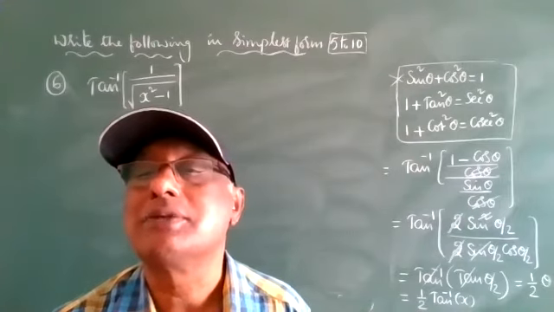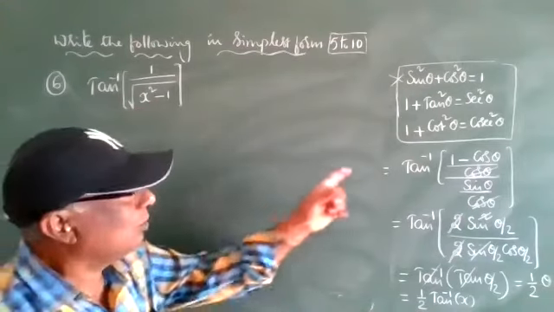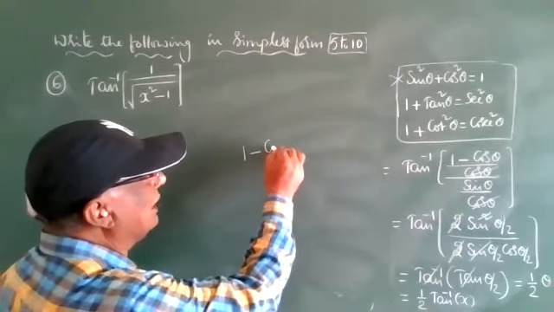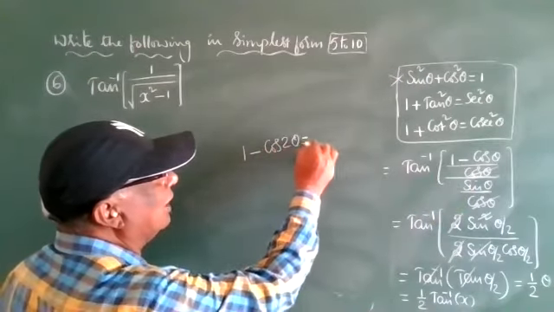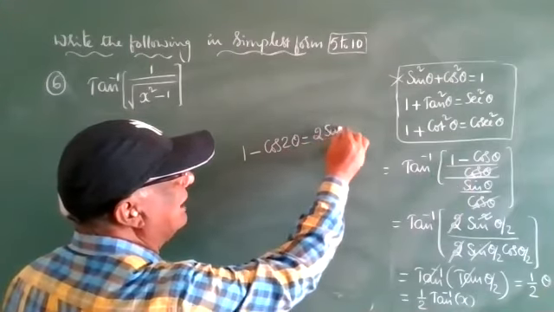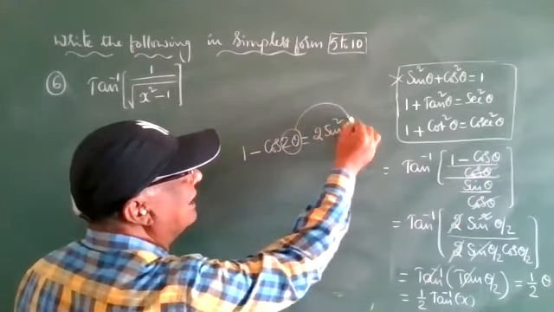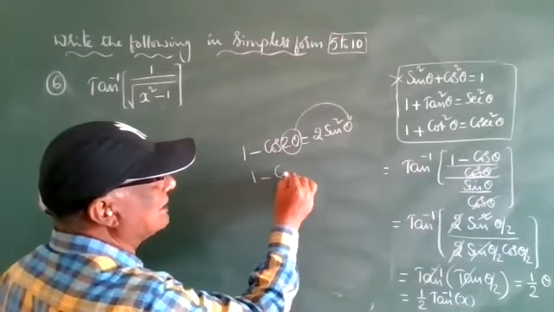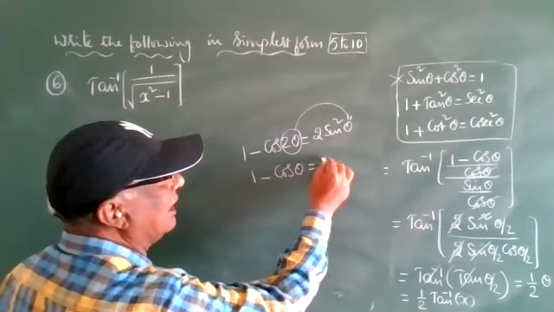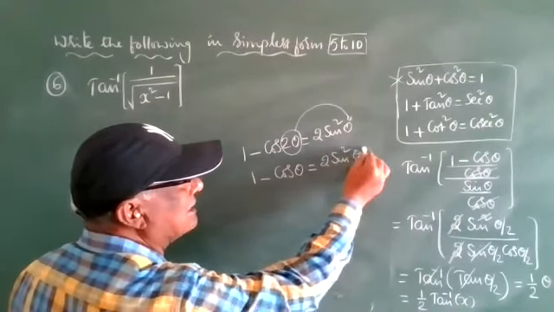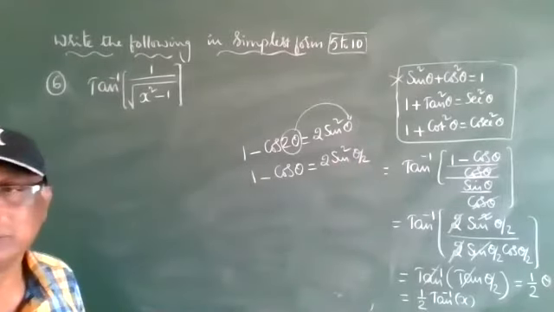Let me repeat the last three steps. 1 minus cos 2 theta: the formula is 2 sine square theta. Here 2 theta is there, and the half angle is theta. For 1 minus cos theta, the formula is 2 sine square, and here theta is there, so its half angle is theta by 2.